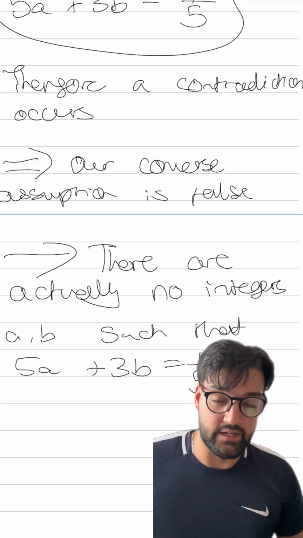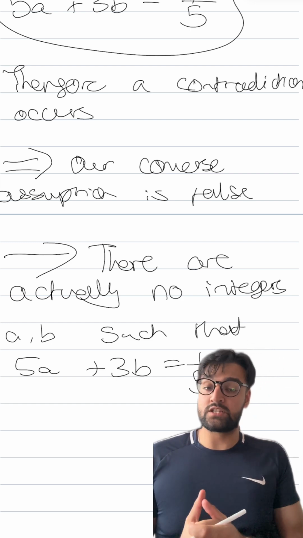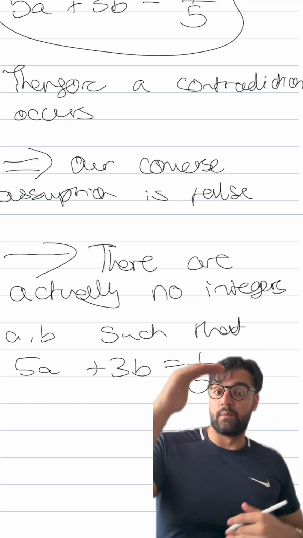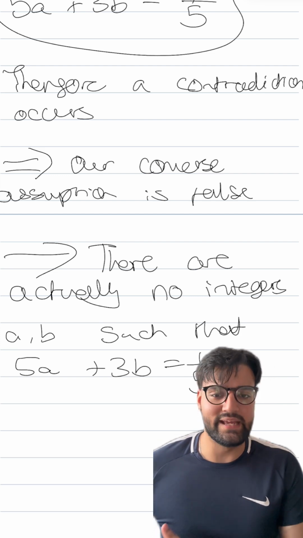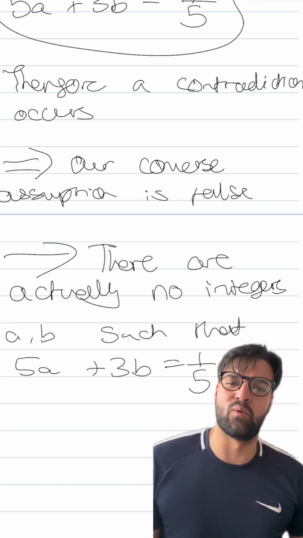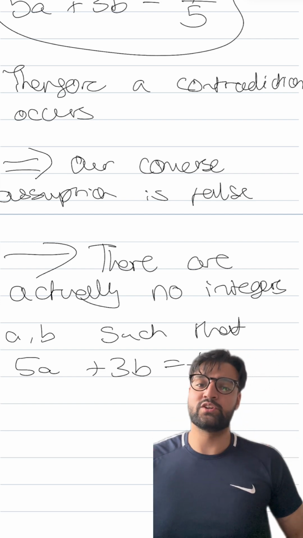So let's recap what we did. We assumed that there were integers a and b. This generally applies. You always assume the opposite of whatever you're trying to prove. Then we did some maths and showed that that can't happen because that does not obey the basic laws of maths. You can't have an integer plus an integer and end up with a fraction. So therefore, if that's false, that means our initial assumption must be false.